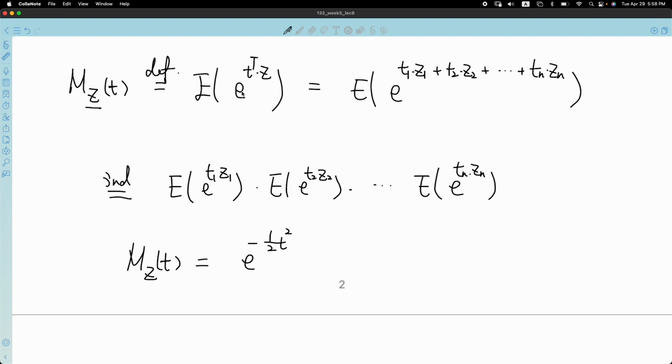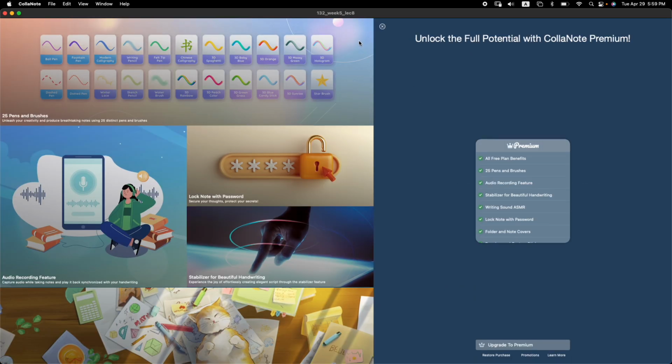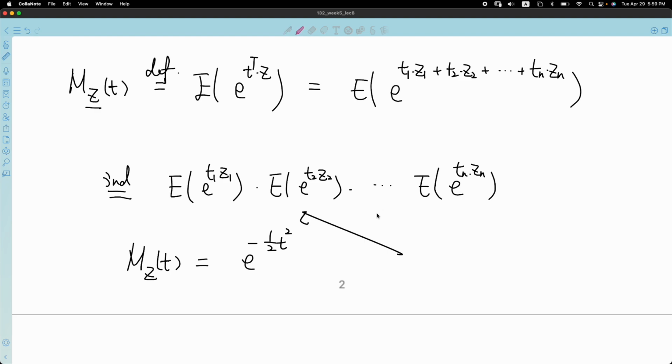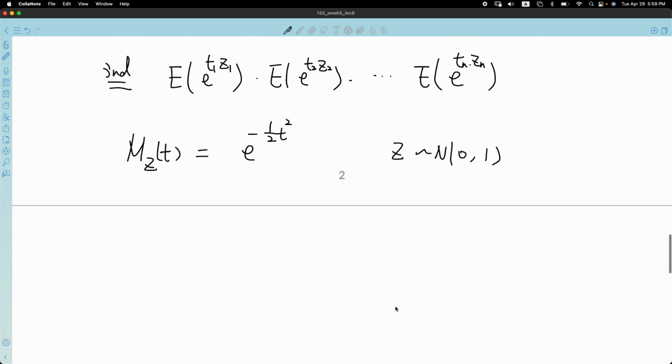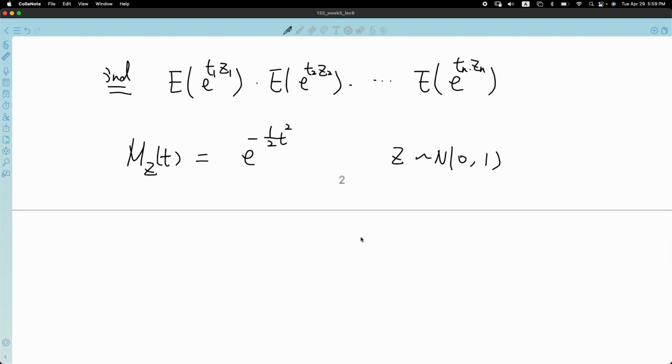Okay, so this is the moment generating function for the scalar version. So this is saying z following a normal, scalar 0, scalar 1. Okay, so now we know that each of the elements has a moment generating function in this form.